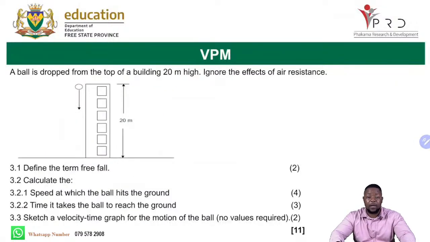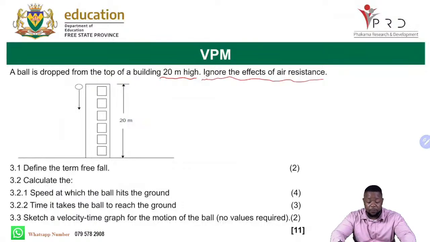Now, let's look at one particular question of vertical projectile motion and see how we go about working with this topic. Let's read. A ball is dropped from the top of a building. This building is 20 meters high, and we are told that we ignore the effects of air resistance.